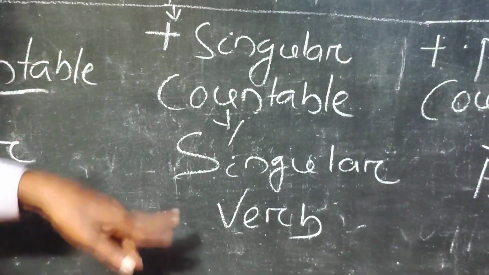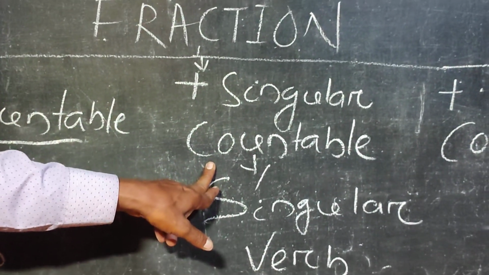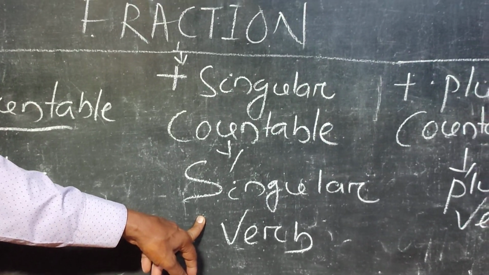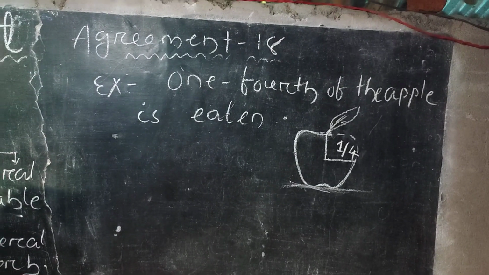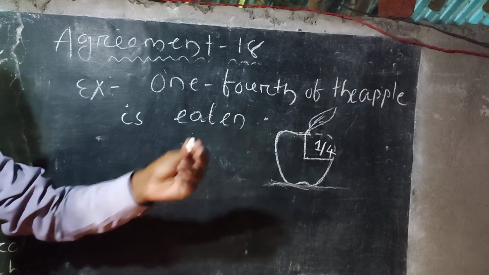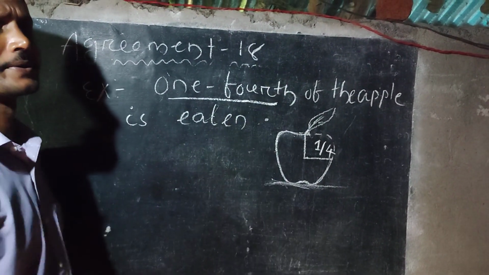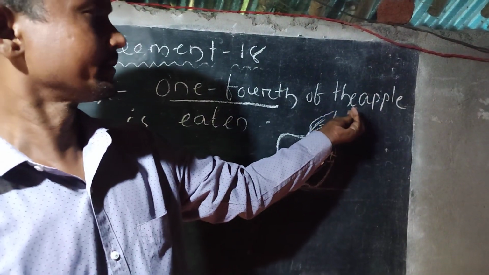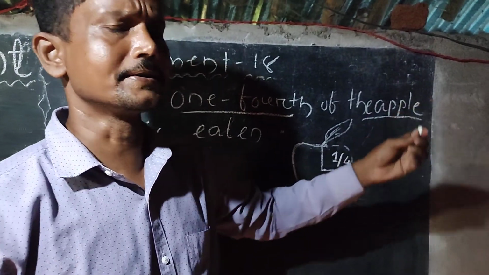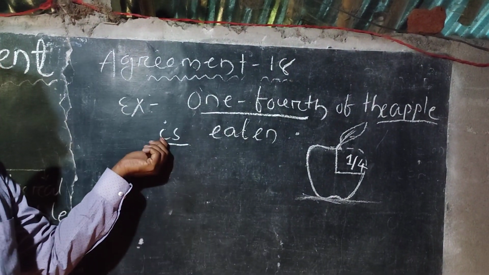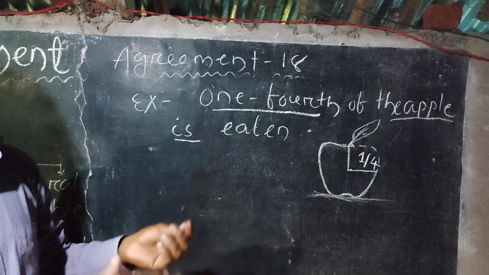Next, fraction plus singular countable noun, and it will take a singular verb. Its example is 1/4 of the apple is eaten, and 1/4 is the fraction. The apple is the SCN, or singular countable noun. So it takes the singular verb, and it is each.